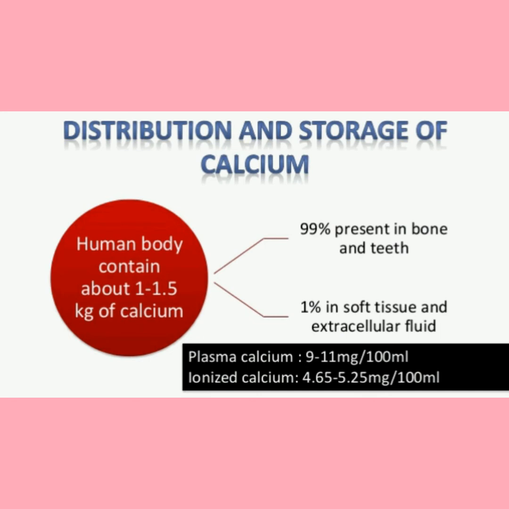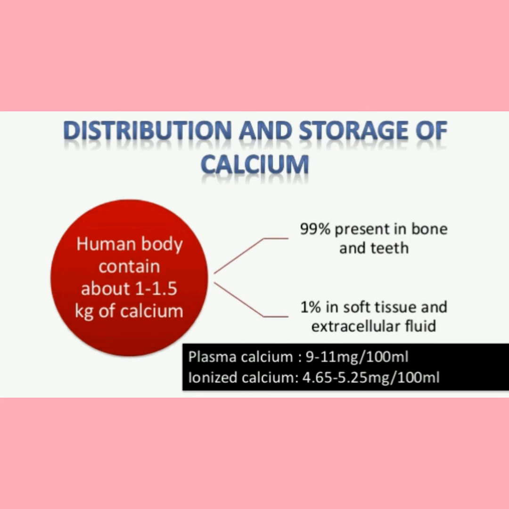And the human body contains about 1 to 1.5 kilogram of calcium, of which 99% is present in the bone and teeth, and only the remaining 1% is present in the soft tissues and extracellular fluid.